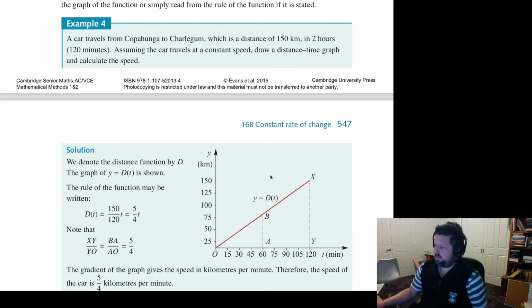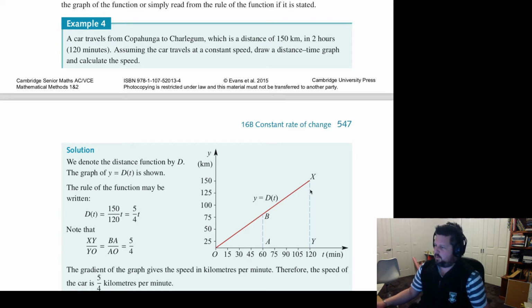Once you've got that, you can see the gradient of this line has a rise of 150 over the run of 120. That's where the gradient 150 over 120 comes from, multiplied by the time. 150 over 120 can be simplified down to 5 over 4.